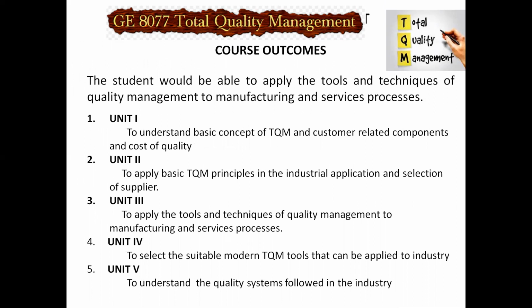Third, you are going to see the tools and techniques used for achieving quality management in manufacturing as well as service products. Unit 4, after studying this one, you can handle the modern TQM tools, which can be applied to industry. It is hands-on experience. And finally, by studying unit number 5, you can understand what quality systems are to be followed, either ISO 9000 or 14000.